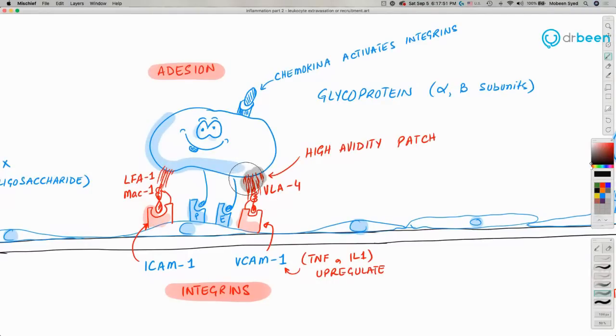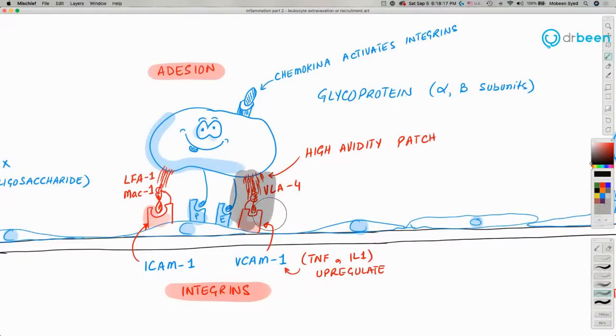So when all the proteins come together and become a cluster, they become a high affinity cluster. Now it can bind like Velcro on the other side with the endothelium. Right? So imagine that on the endothelial side, there is a patch of Velcro, and then on the white blood cell, there is a patch of Velcro.